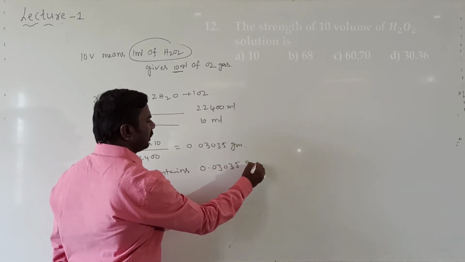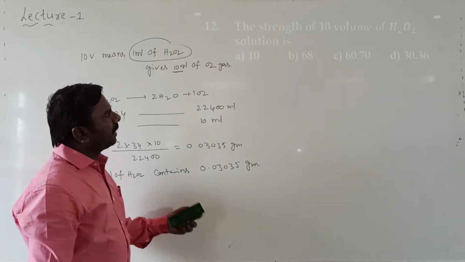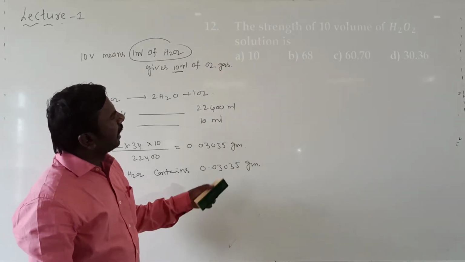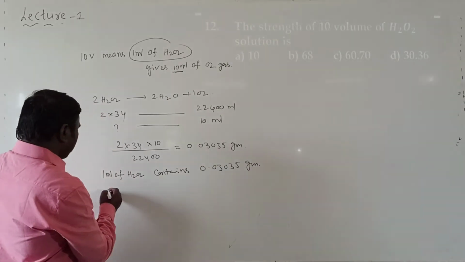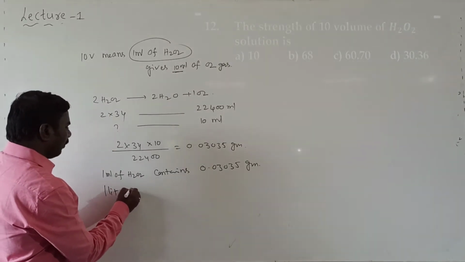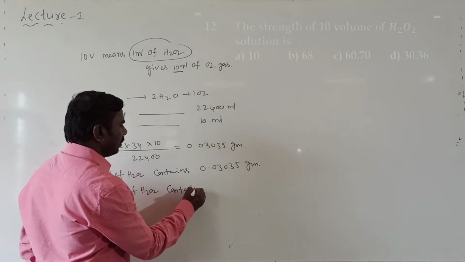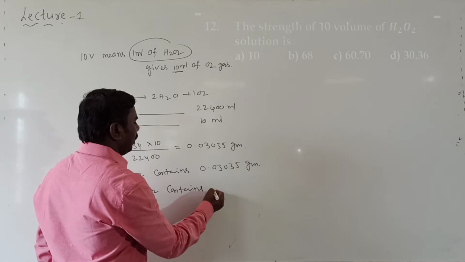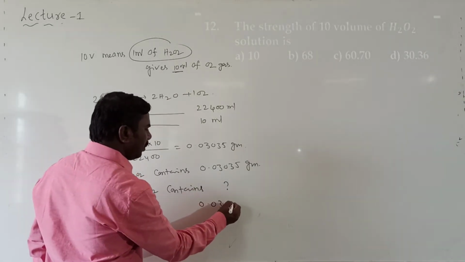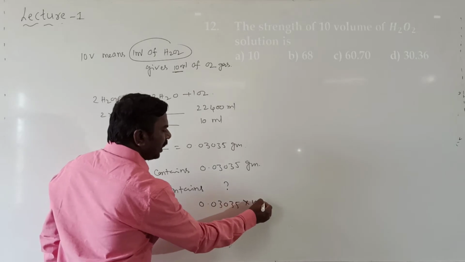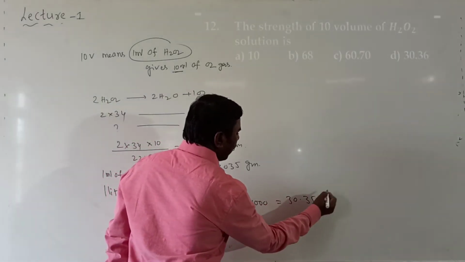Strength means what? Strength per liter. You have to consider 1 liter of H2O2 contains 0.03035 into 1000 ml, then you get 30.35.